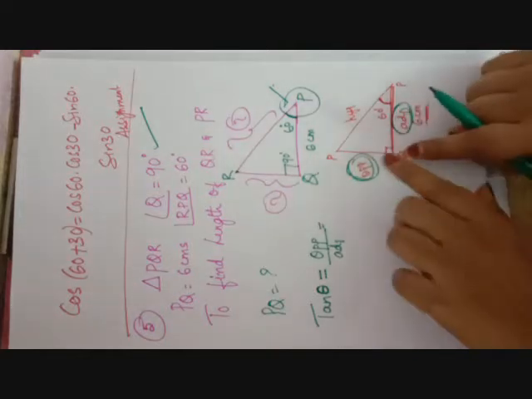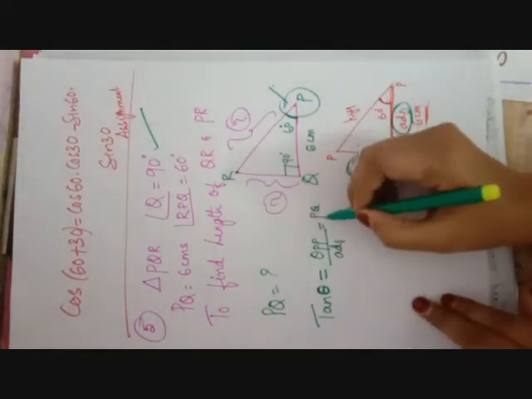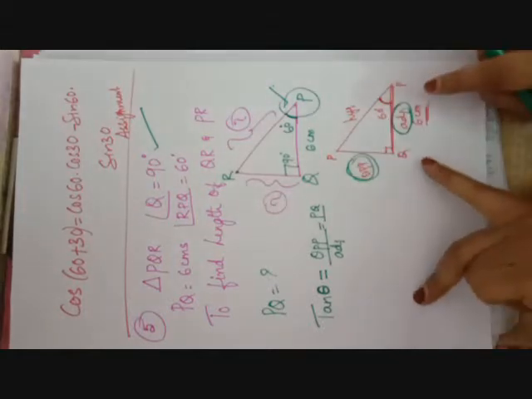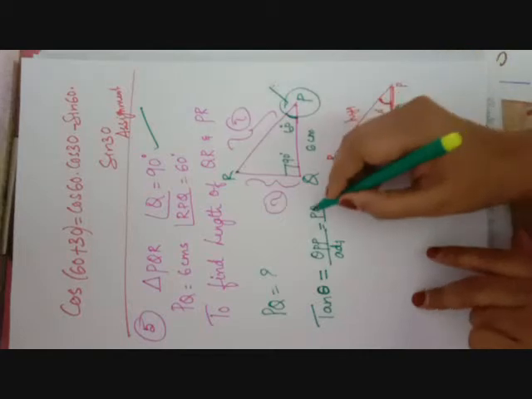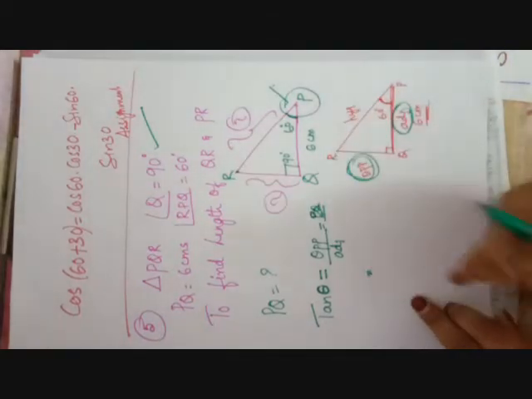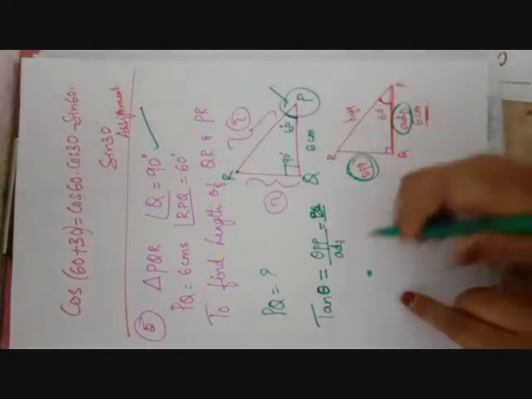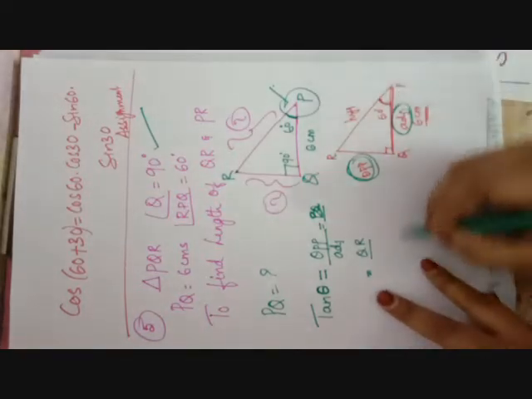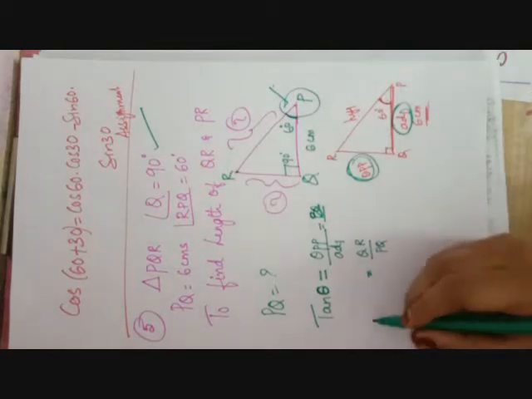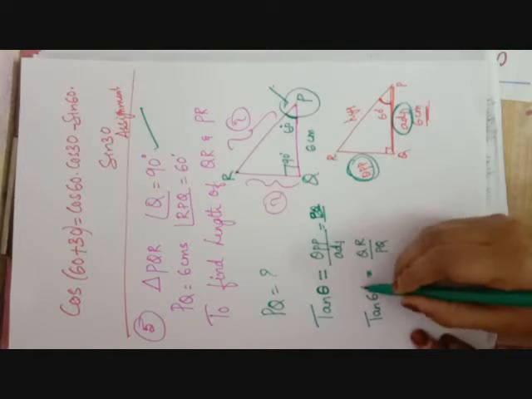That is, opposite is what? I'm sorry, again I'll repeat, QR is your opposite, so that is QR by PQ. Here the theta value is given as 60 degrees.